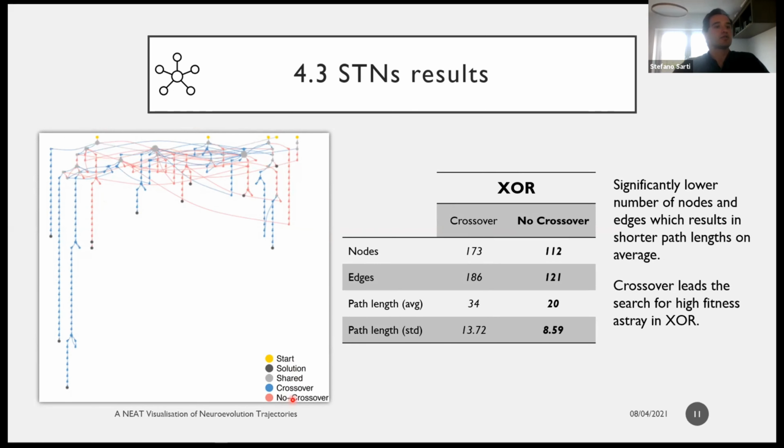The no crossover is in red, the crossover is in blue, and the gray nodes, as we've explained in the beginning, are the points where the solutions are similar.